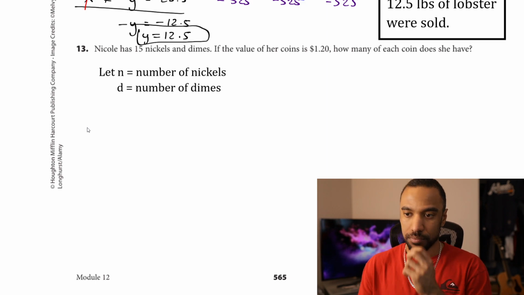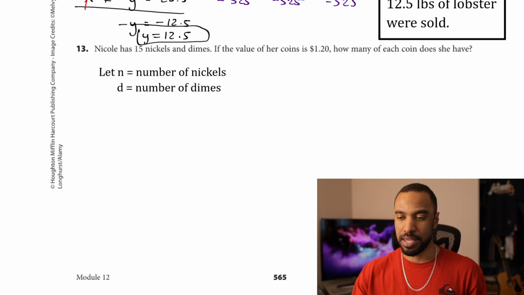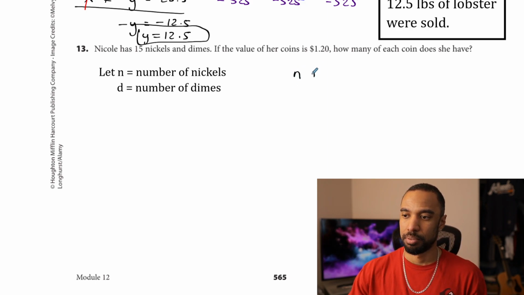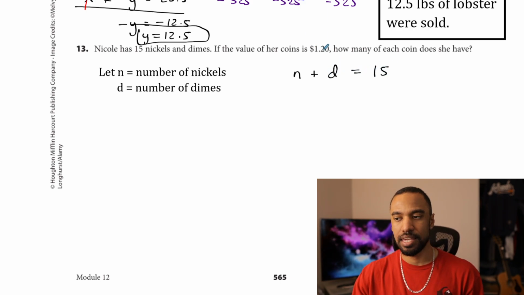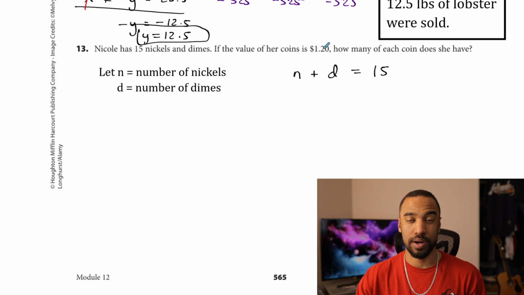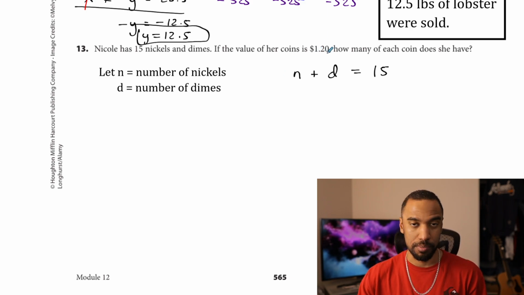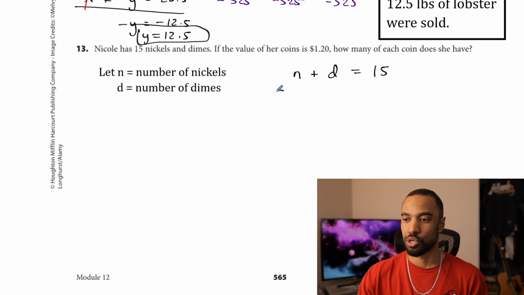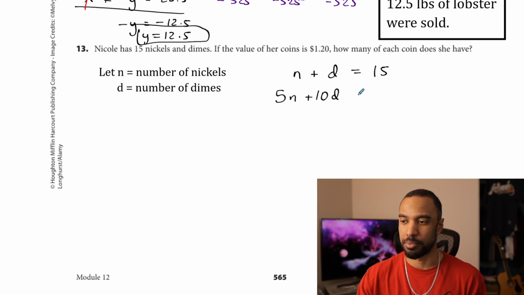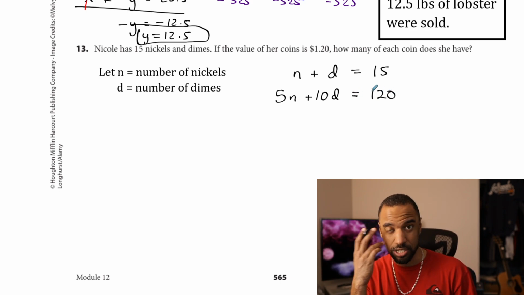Okay. So 15 nickels and dimes means N plus D, number of nickels plus number of dimes, equals 15. And then the other equation: $1.20 is 120 cents. So I'm going to be using the cents version. So 5 cents per nickel times the number of nickels plus 10 cents per dime times the number of dimes equals 120 cents total. I get rid of the decimal with that as well.